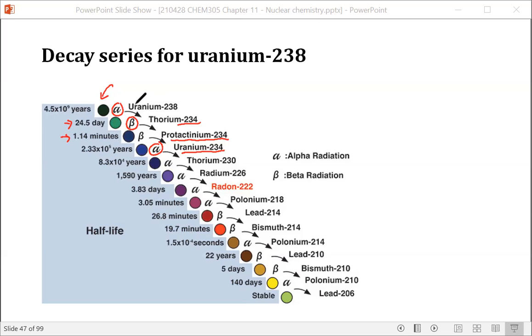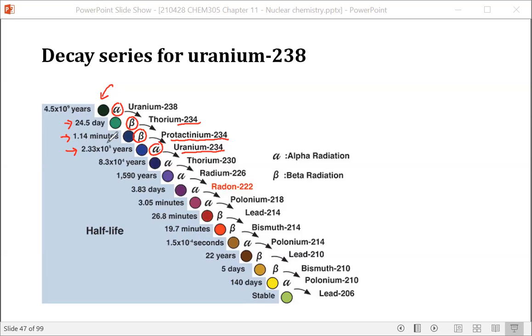Kind of weird, right? We started with uranium-238, underwent some decay series, and now we're back to uranium. It's because with an alpha particle, you're ejecting 2 protons and 2 neutrons, but then with these beta decays, your charge numbers are again increasing by 1 because you're ejecting a negatively charged particle, which is how you end up back at uranium.